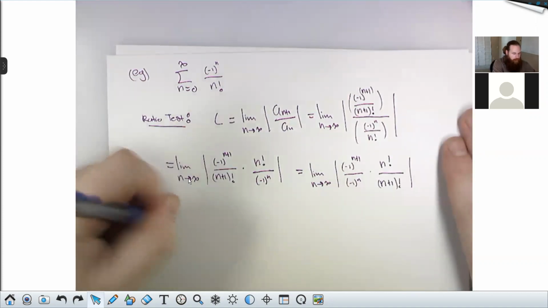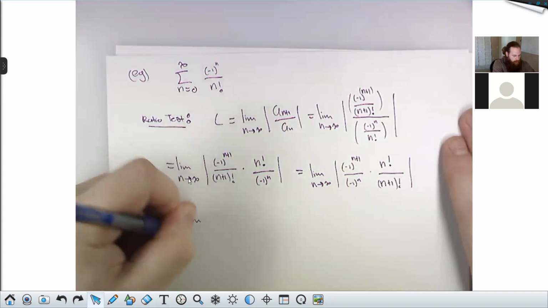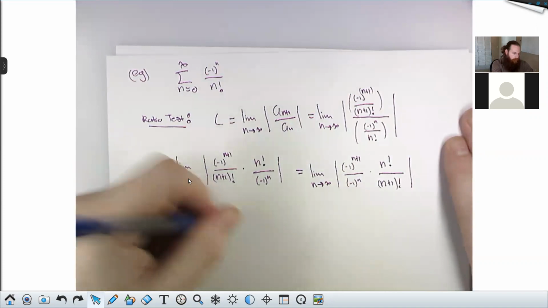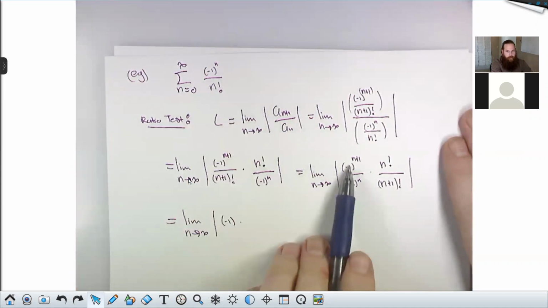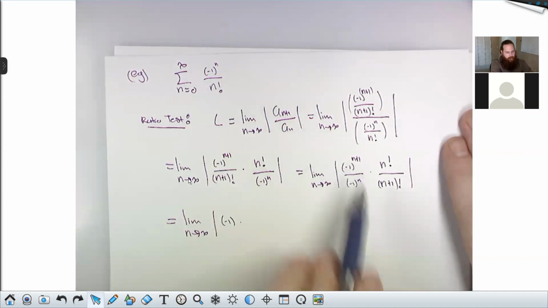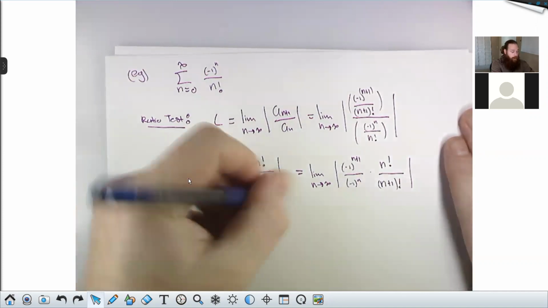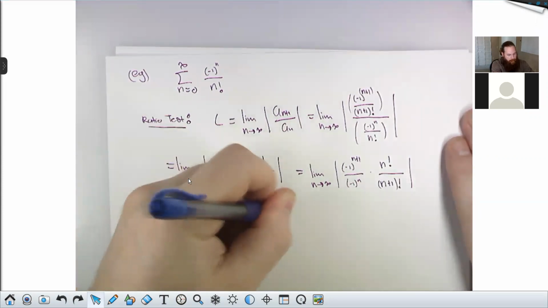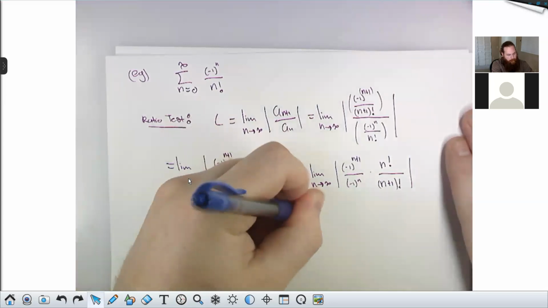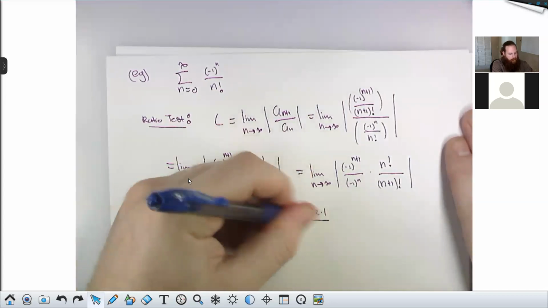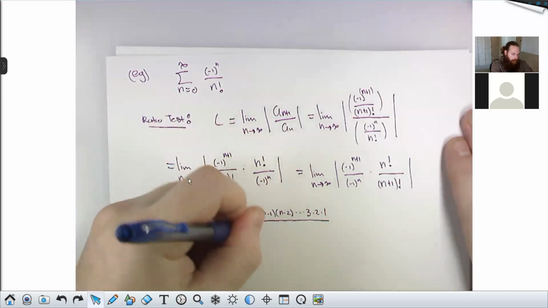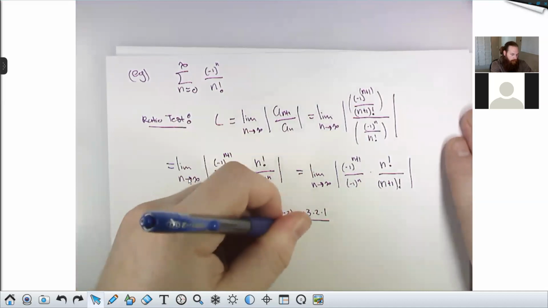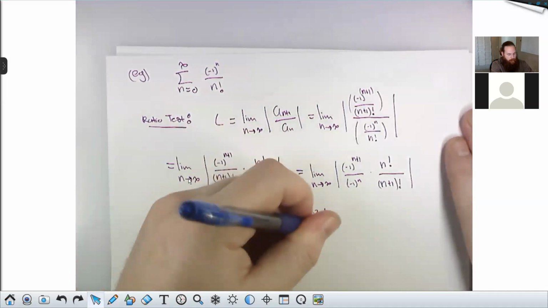(-1)^(n+1) divided by (-1)^n is -1 to the 1. N plus 1 copies upstairs, n copies downstairs, cancel all except for 1. And then I write out the factorials. N factorial is n times n minus 1 times n minus 2 all the way down to 3 times 2 times 1. N plus 1 factorial is n plus 1 times n times n minus 1 times n minus 2 all the way down to 3 times 2 times 1.